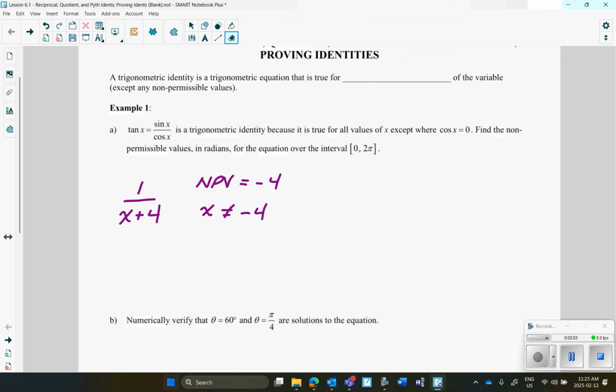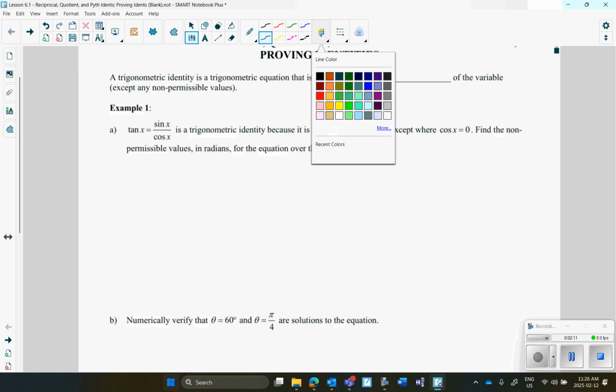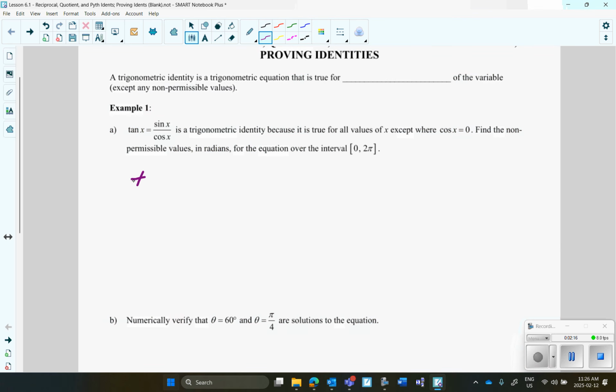The same applies to trig equations. If we have, and this is an example of an identity right here, this is an example of 2 trig expressions that equal each other.